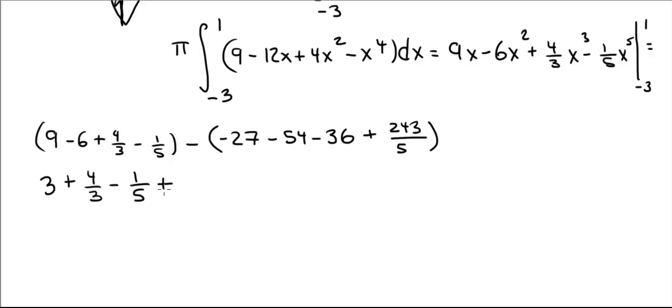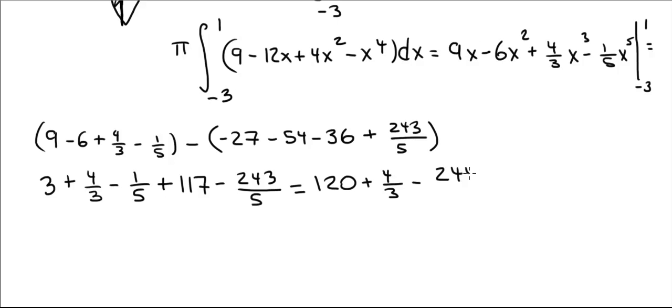Minus a minus is plus, so this is plus 117 minus 243 divided by 5. This is equal to 3 plus 117 is 120, plus 4/3 minus 1/5 minus 243/5 would be minus 244 over 5. The common denominator here is 15.